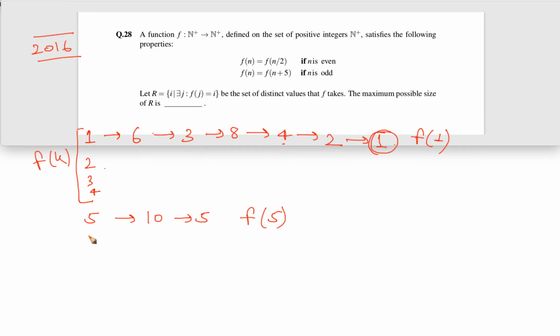Now you'll see that 6 is again going back to f(1). If you see something like 7, then 7 is going to 12, is going to 6, and then again it will finally go to f(1).